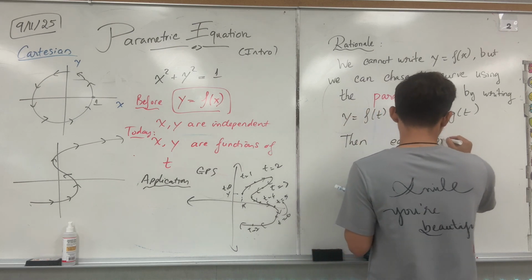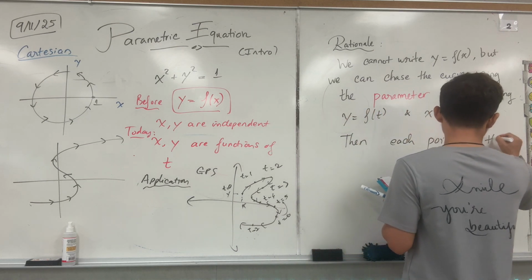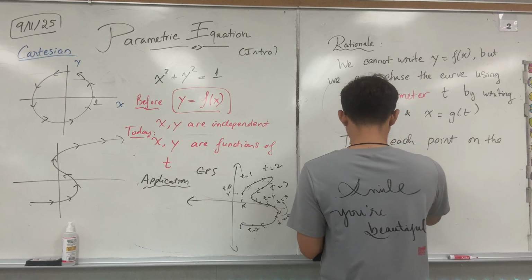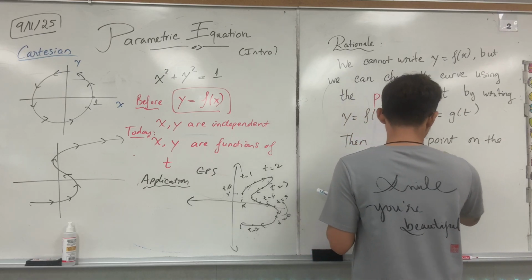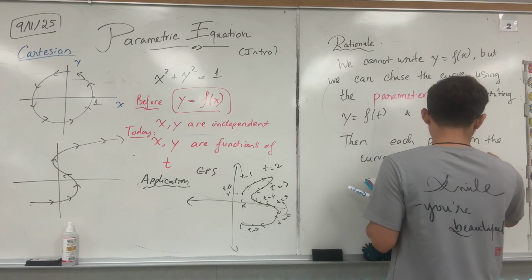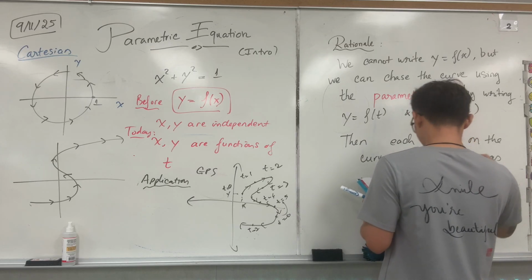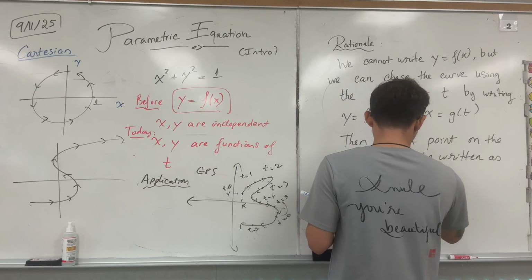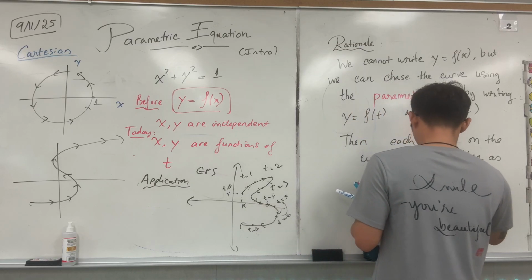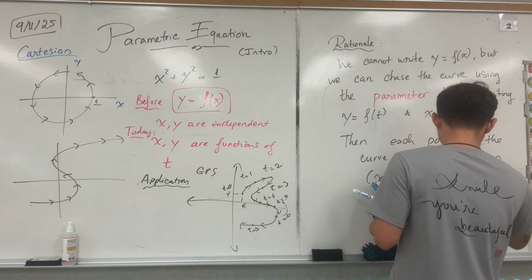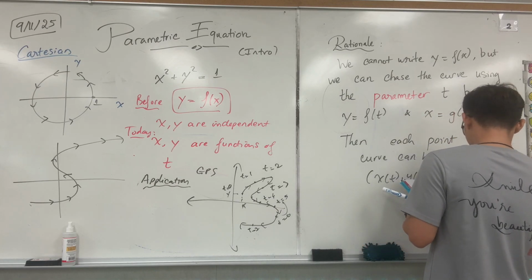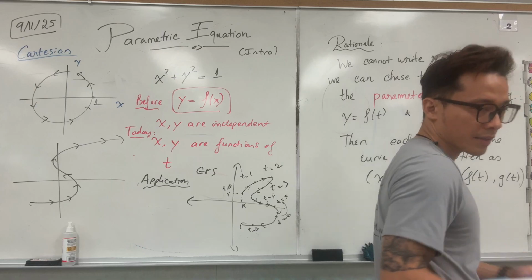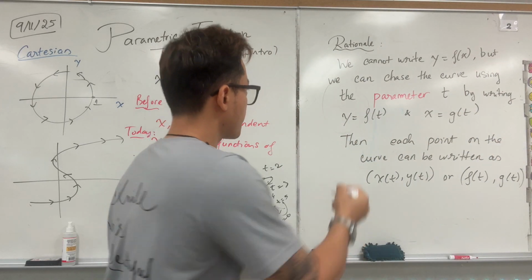Each point on the curve can be written as (x(t), y(t)), or (f(t), g(t)). Okay, so that's the concept.